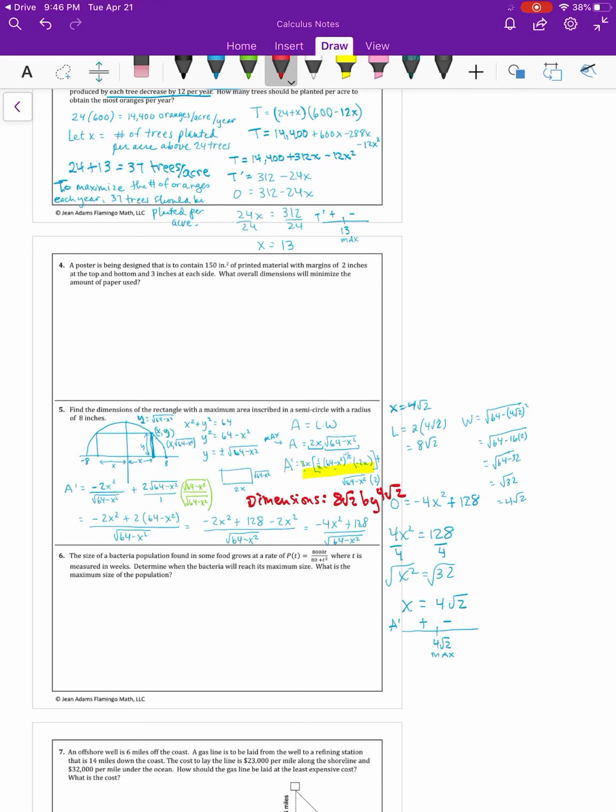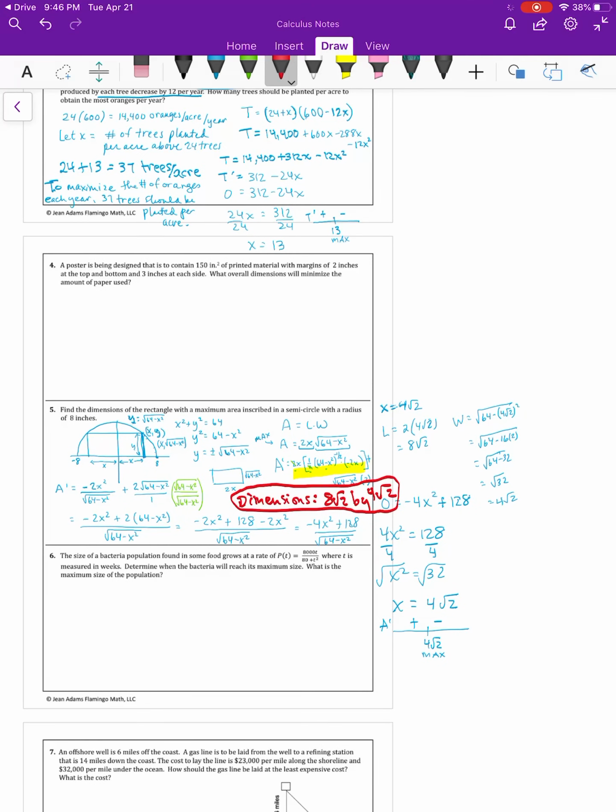So that's your width. So the dimensions of this rectangle are going to be 8 root 2 by 4 root 2.